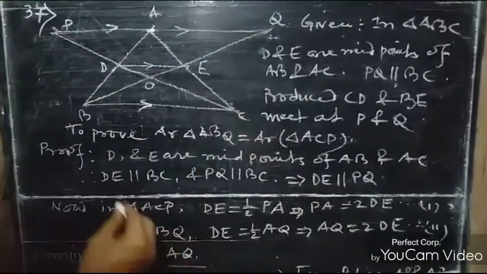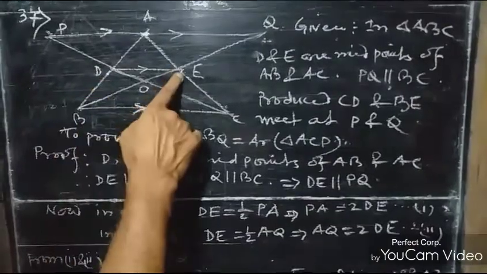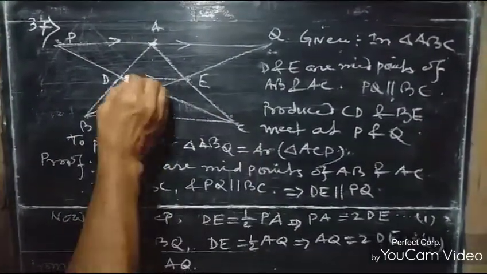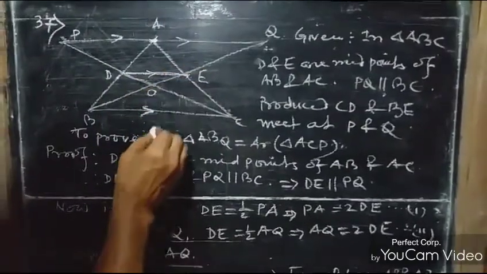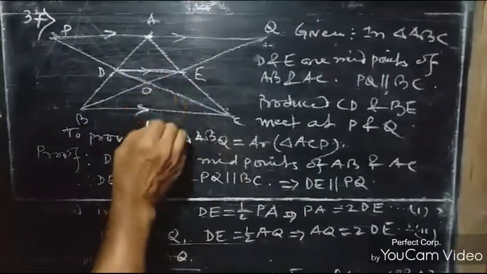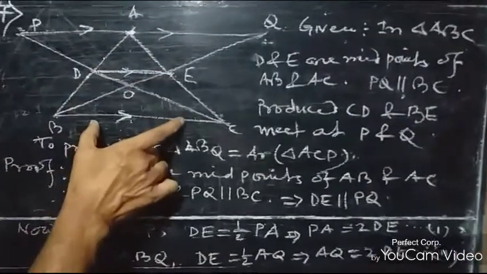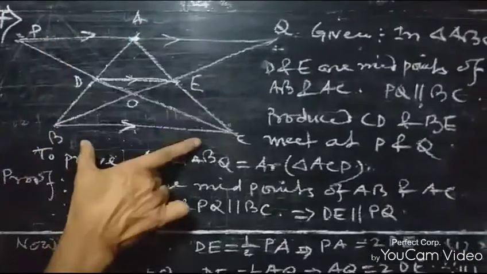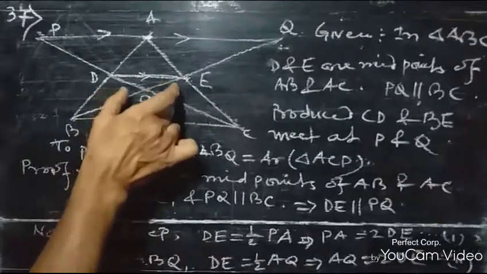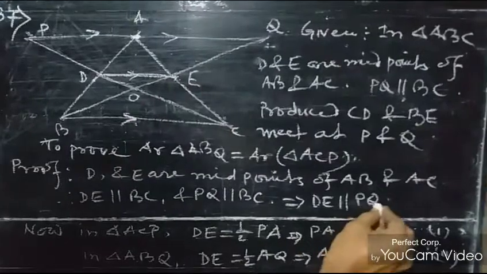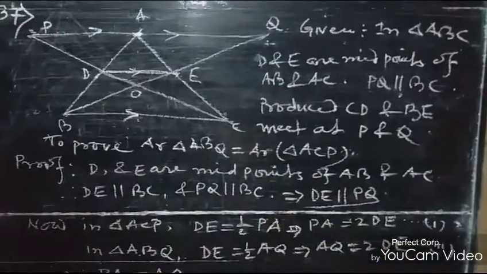Now here D and E are the midpoints of AB and AC. It is given. So DE equals half of BC, as well as parallel to BC. If this is parallel to BC and PQ is parallel to BC, so we can tell that DE is parallel to PQ also.